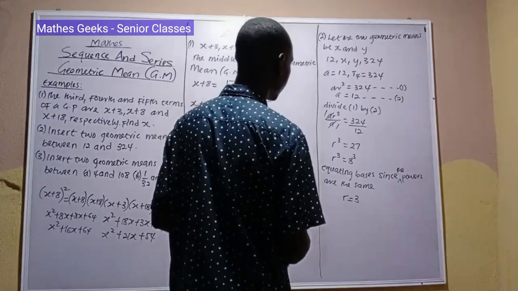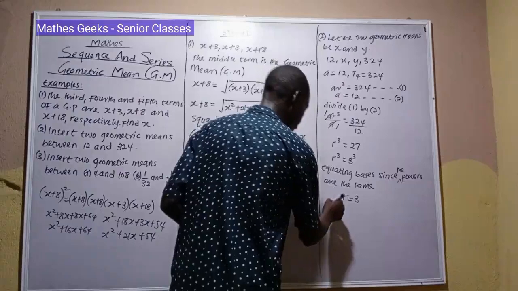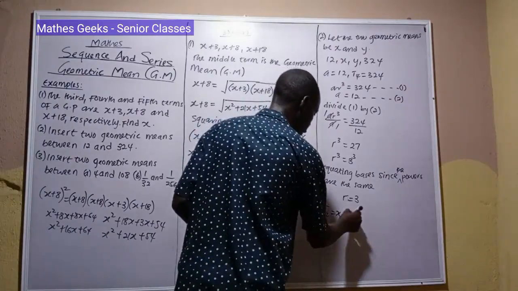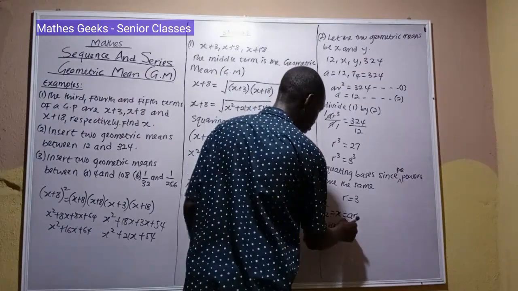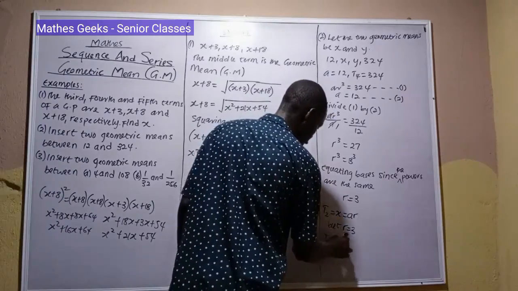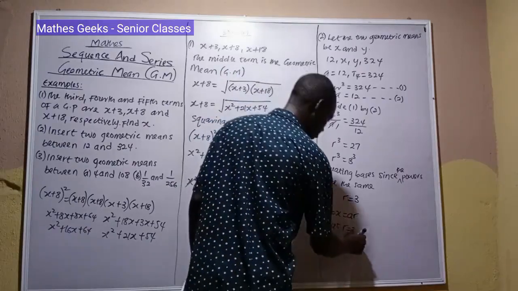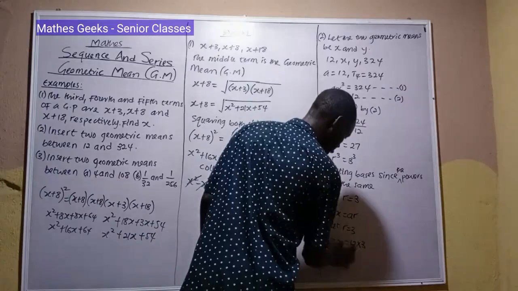Okay, we've gotten r. So now the second term T2, which is equal to x, is equal to ar, and r is equal to 3. So T2 equal to x is equal to a, which is 12, times 3. That's equal to 36.